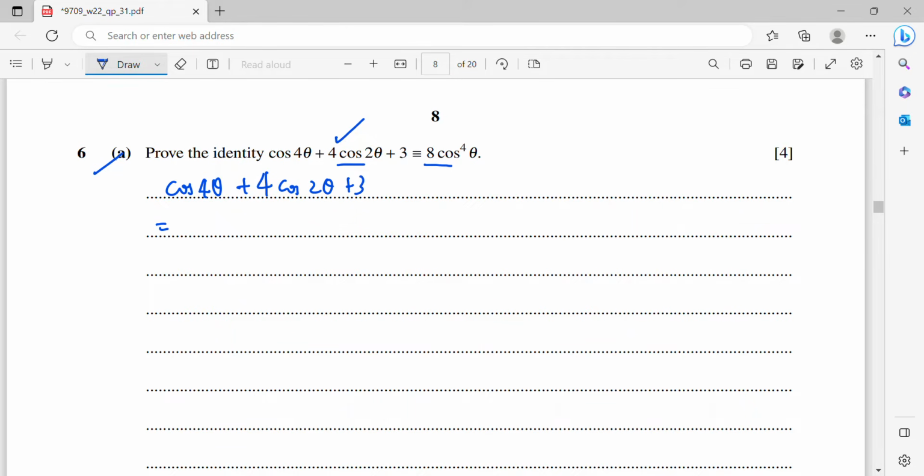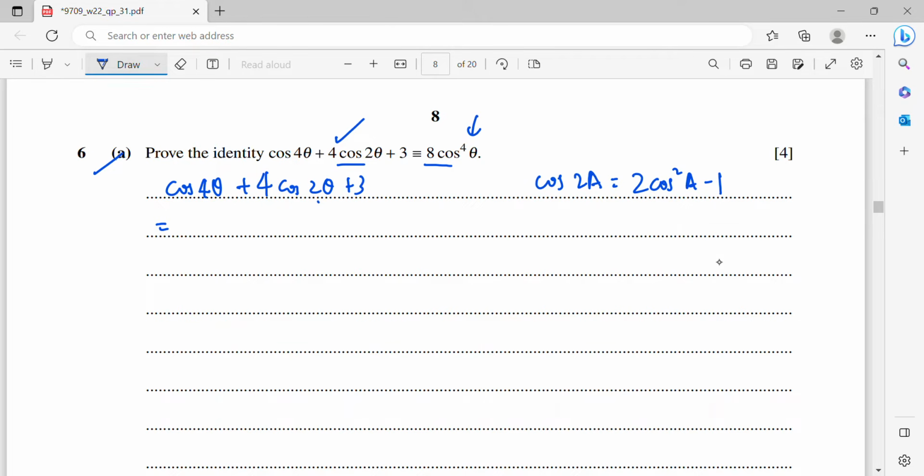So cos 4 theta and cos 2 theta, I need to get my answer in cos theta to the power of n. So we have to refer to the cos 2 theta formula. Instead of writing cos 2 theta, I will write cos 2a, which is 2 cos squared a minus 1, and then I will compare what my a is.